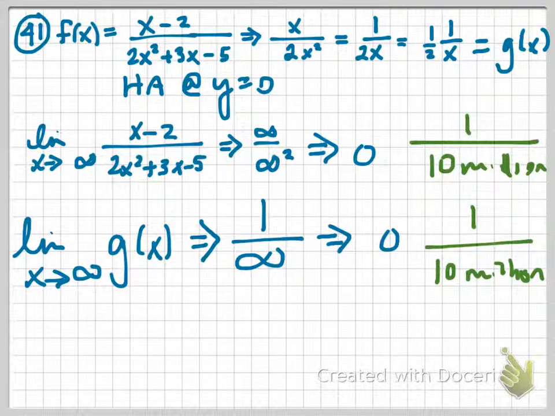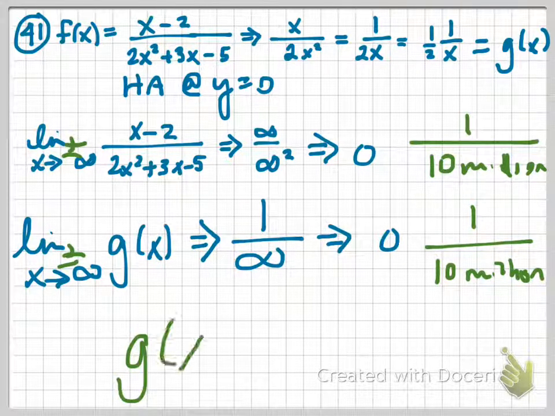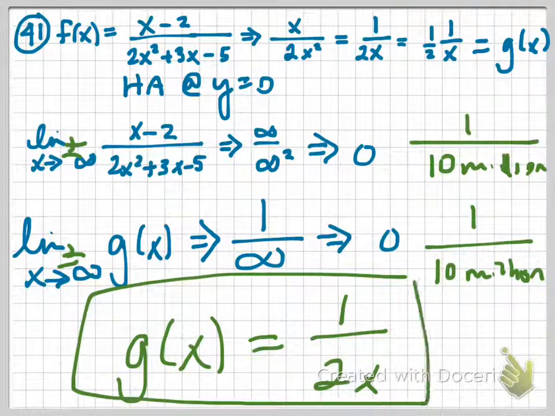So that means now I can go back and stick a plus or minus in both places, right? So my end behavior model, let's call it h of x. Well, actually, no, we already called it g of x. Oops, sorry, I hit the wrong button. So g of x equals 1 over 2x. And we have proved that it is the correct one.